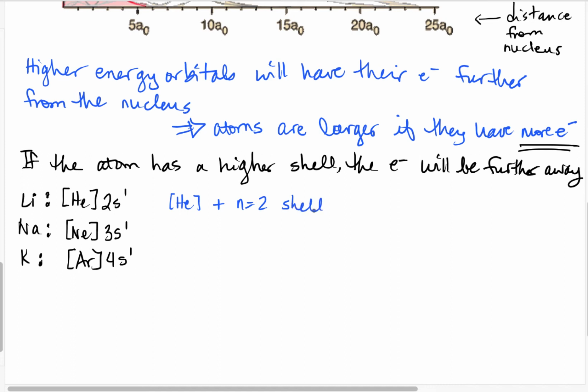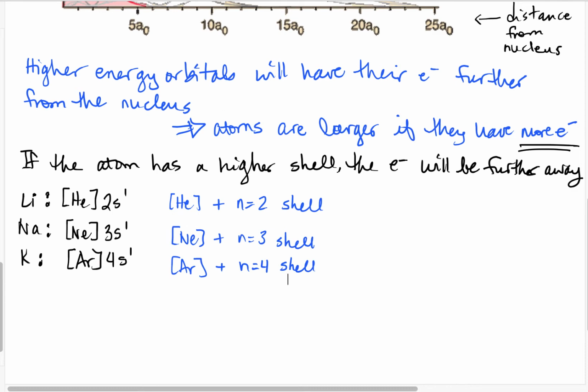We've added another shell. So this is going to be larger than helium, right? Sodium is like neon, and then we add the n equals 3 shell. So sodium is going to be larger than neon. Argon is our core, and then we add the n equals 4 shell for that next electron. And so we expect potassium to be larger than argon as well.